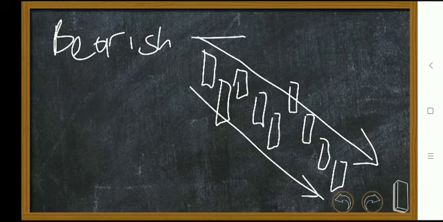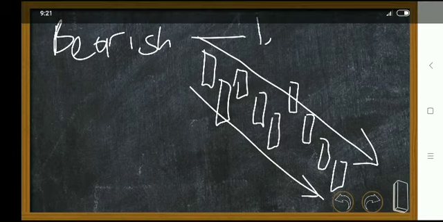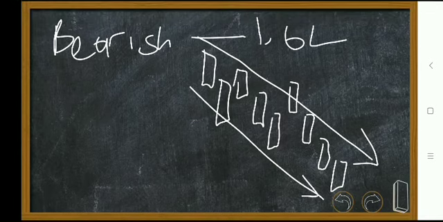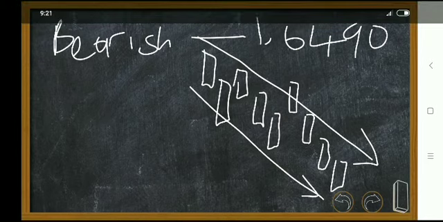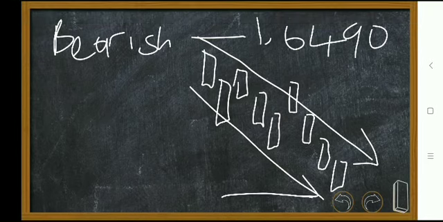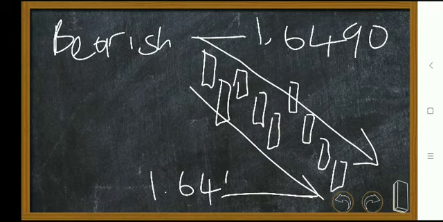You take the initial price, let's say it's 1.6490, then the final price, you take it as 1.6410. That's where you can see that price has moved down by around 80 pips. The currency pair has lost 80 pips, because remember, these candles are for a specific currency pair.